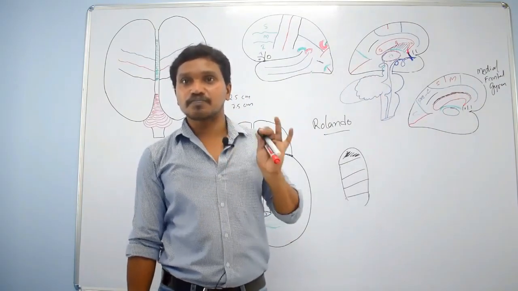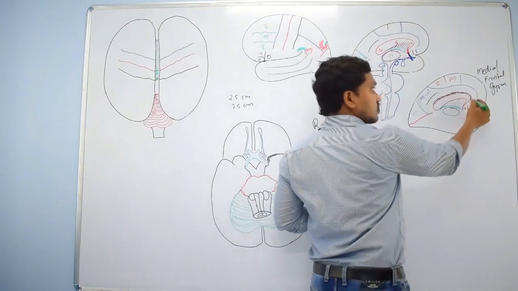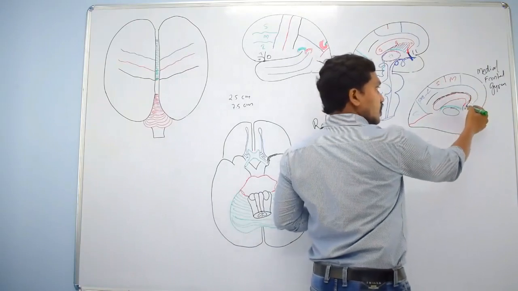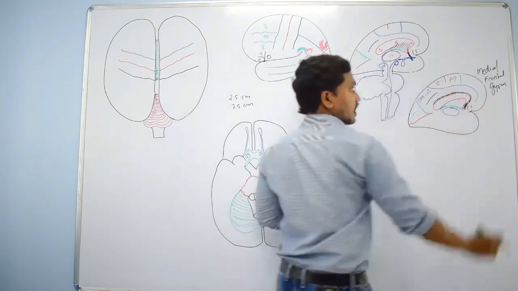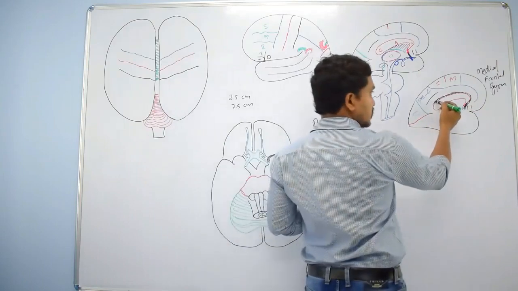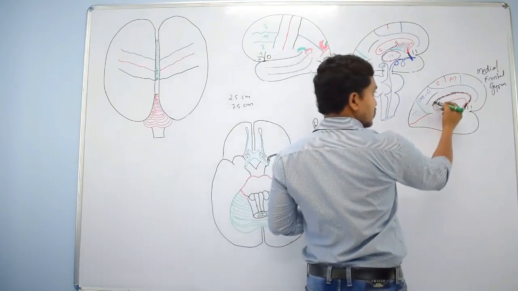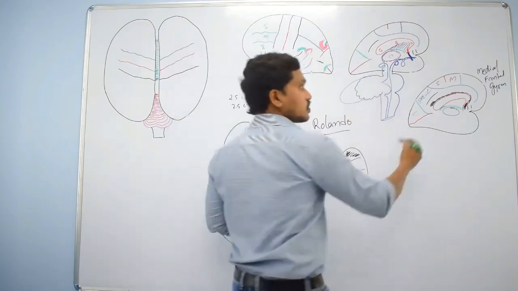This Indusium griseum anteriorly continues with the paraterminal gyrus. Posteriorly it continues with one gyrus which is present above the splenium.